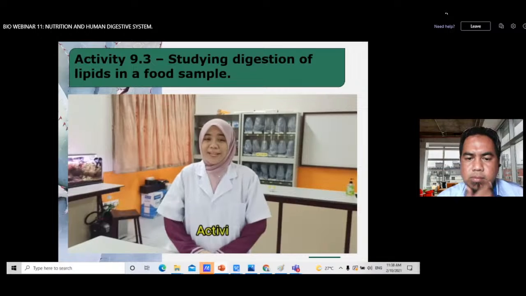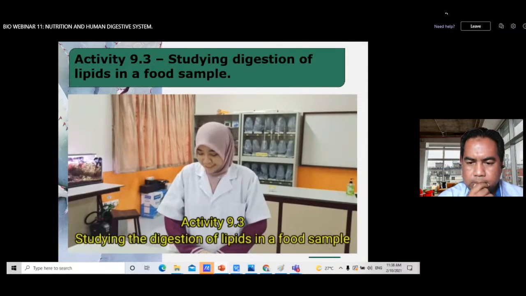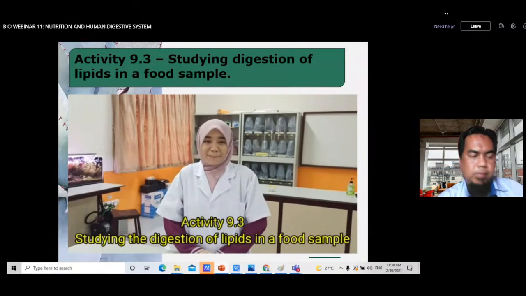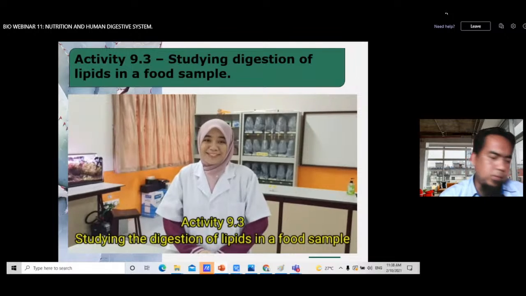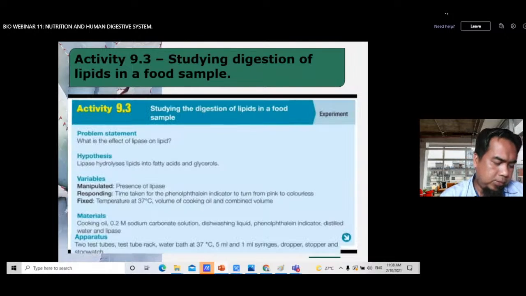Now we move to activity 9.3 to study the digestion of lipid in a food sample. Let's start our experiment. As always, before conducting an experiment, first list some of the following. The problem statement: what is the effect of lipase on lipid? Hypothesis: lipase hydrolyzes lipid into fatty acids and glycerol.